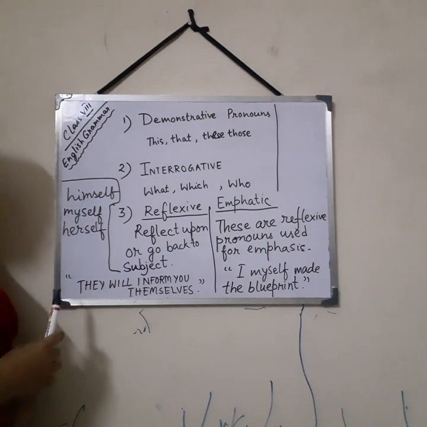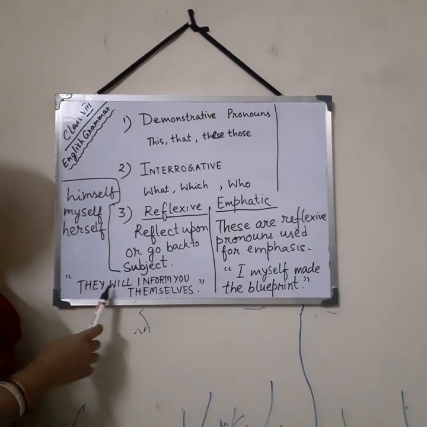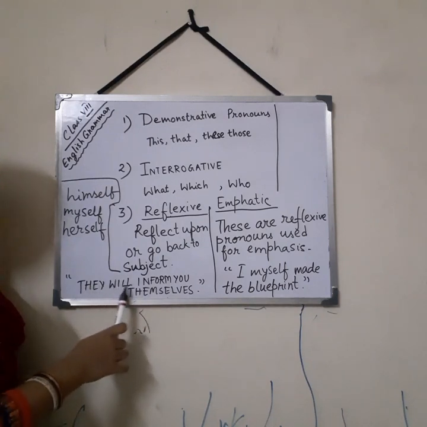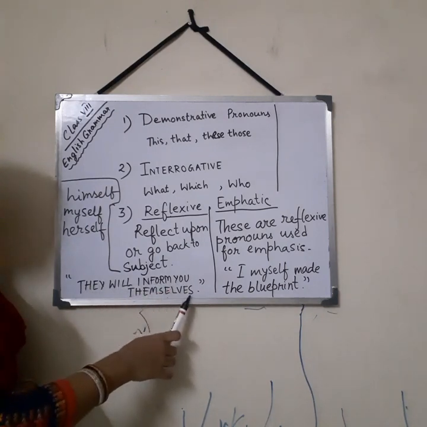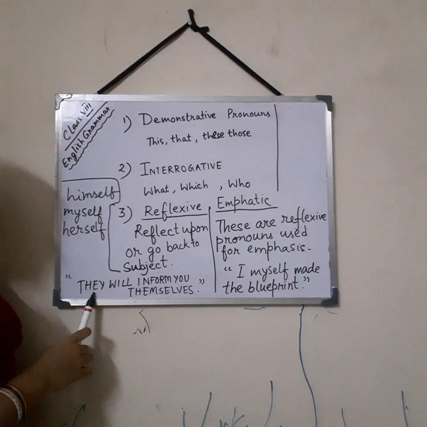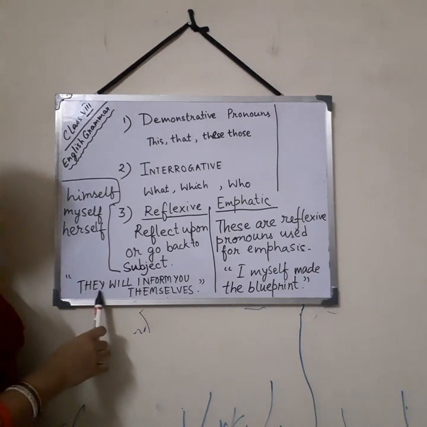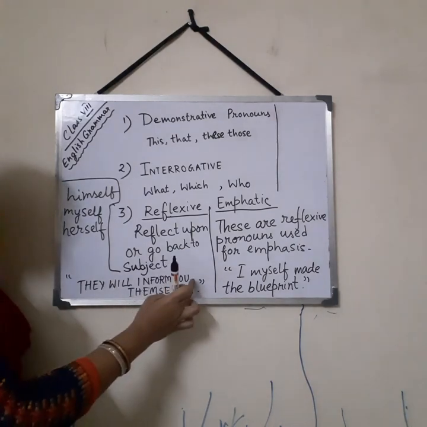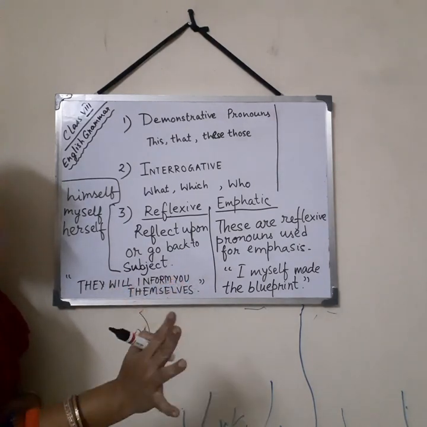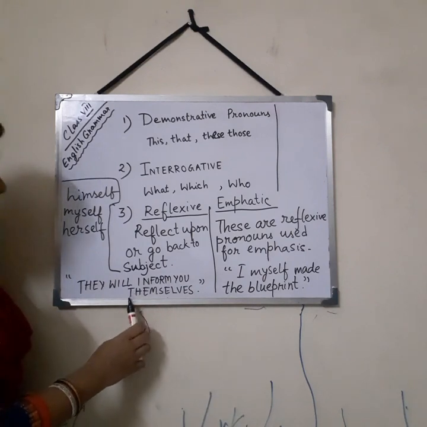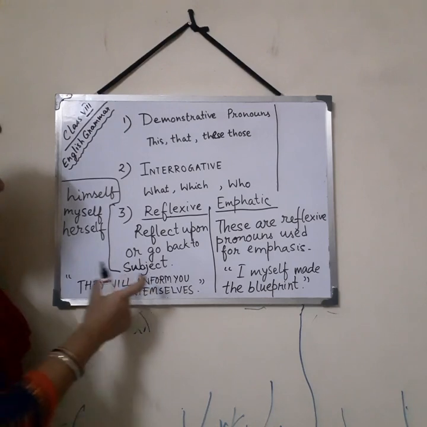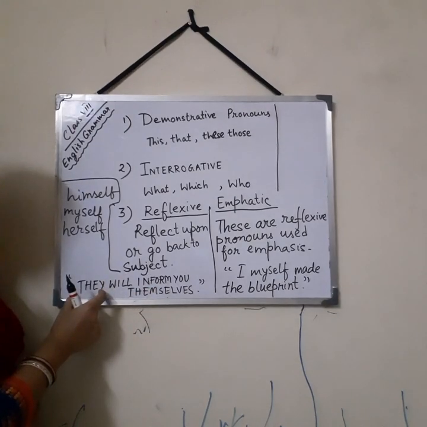Now look at this sentence. They will inform you themselves. So when I'm saying they, this is the subject of the sentence. Then I am saying they will inform you. Till this part, it's okay. It's like a normal sentence. Then when I add the word themselves, again it reflects back upon they.